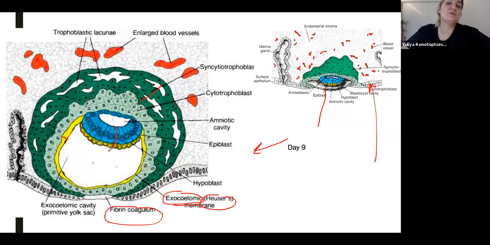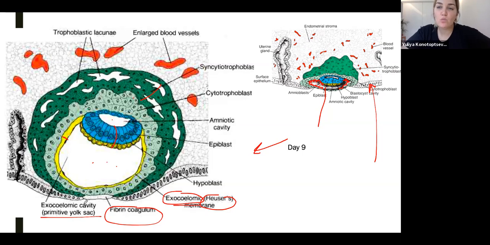Heuser's membrane consists of cells of the hypoblast. You're going to see that cells of the hypoblast, starting on day 8, start to detach and literally line the wall of the blastocyst cavity. Now, the moment Heuser's membrane is present, the name of the cavity changes. It becomes the primitive yolk sac, or another name for it, the exocoelomic cavity.